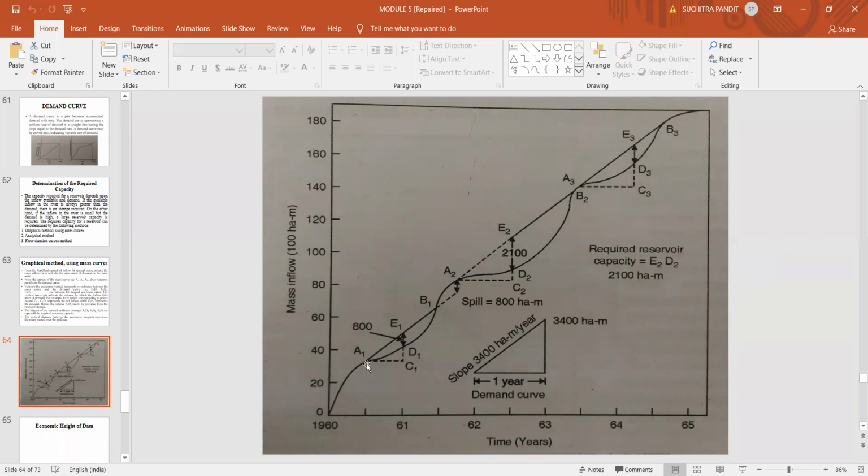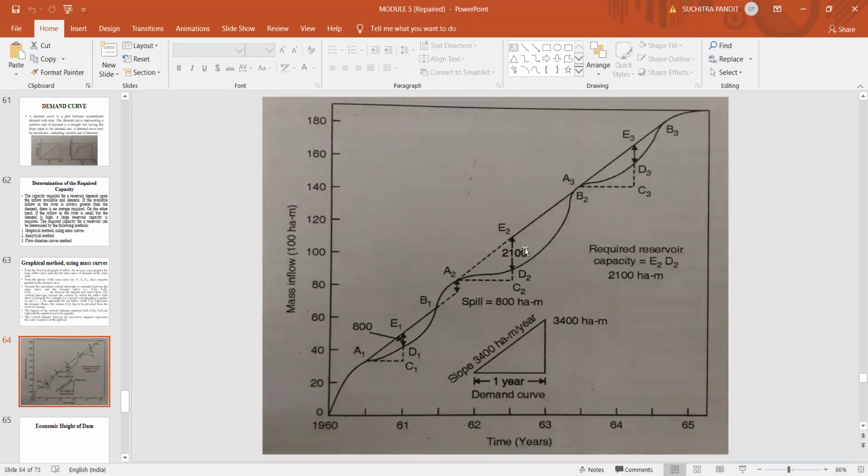So in this mass curve, in a given period of time, C1, D1 is the net inflow into the reservoir, whereas E1, D1 is the storage capacity of the reservoir, and E1, C1 is the net demand. This storage has to be provided for the demand from the reservoir. Whichever vertical intercept is the highest represents the required storage capacity of the reservoir.